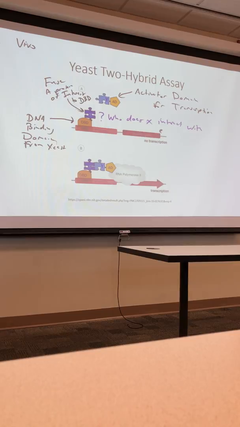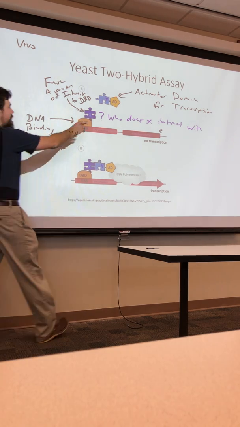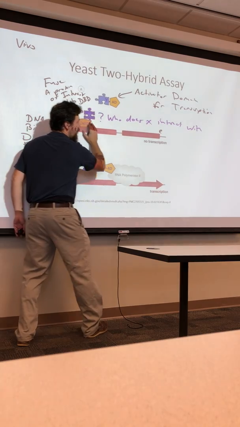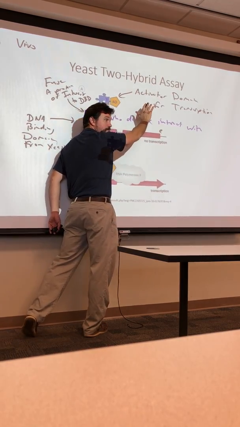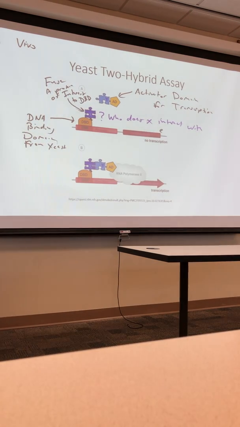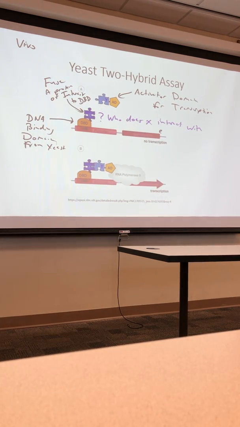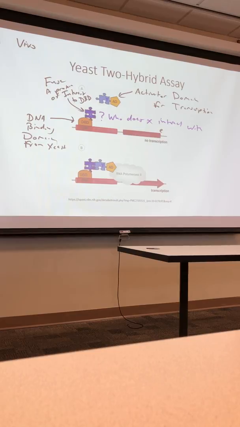And what they do is they say, okay, if we have a DNA binding domain and we fuse a protein to it, and we fuse AD to a protein that will interact with it, and it does interact, what will happen? We'll have a reporter gene downstream that will get produced. They usually use beta-galactosidase as the reporter gene.